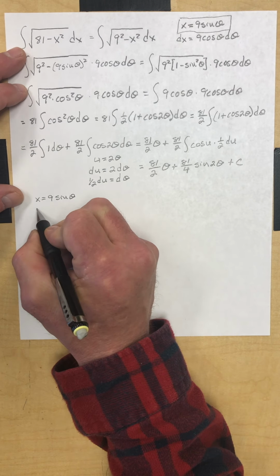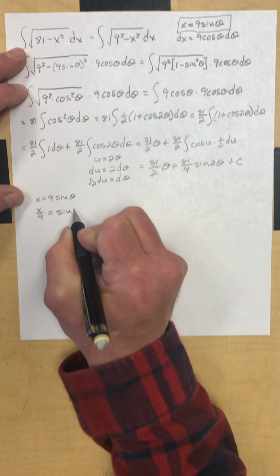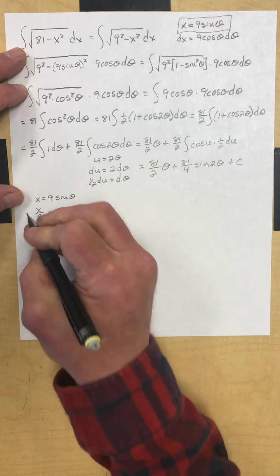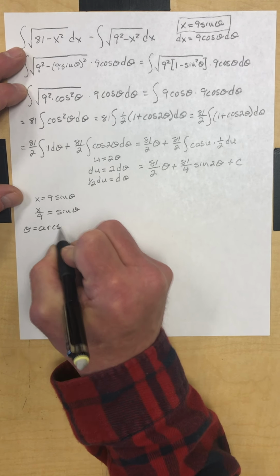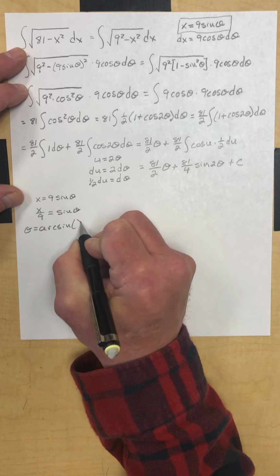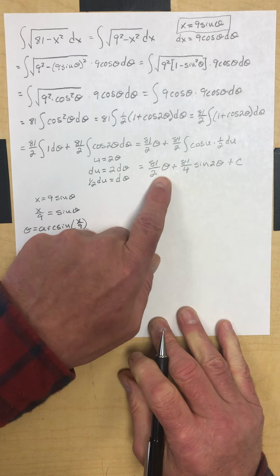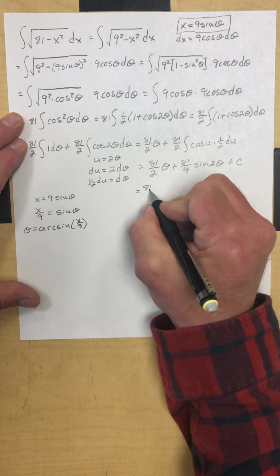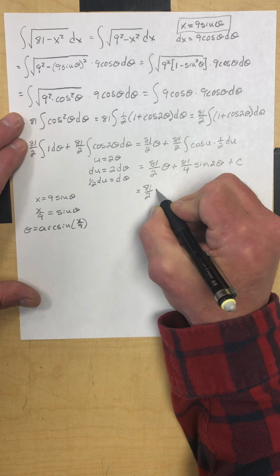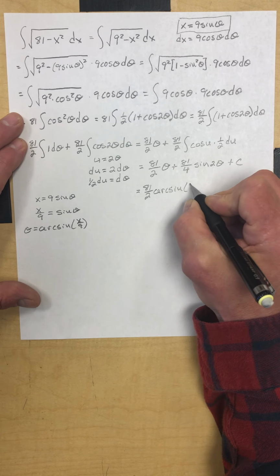That would be x over 9 equals sine of theta. So that means that theta has to be the arc sine of x over 9. So I can substitute that for theta right here. We get 81/2 times the arc sine of x over 9.